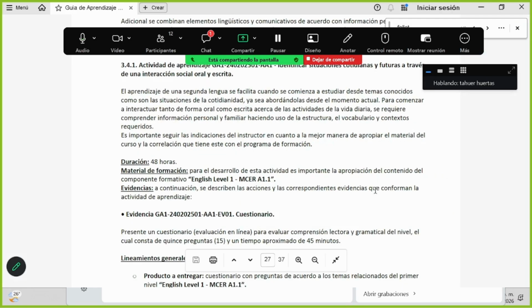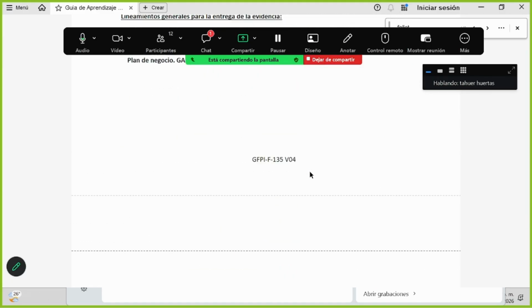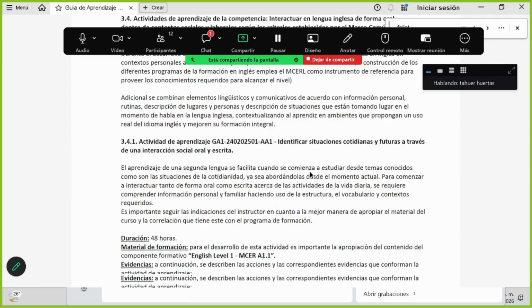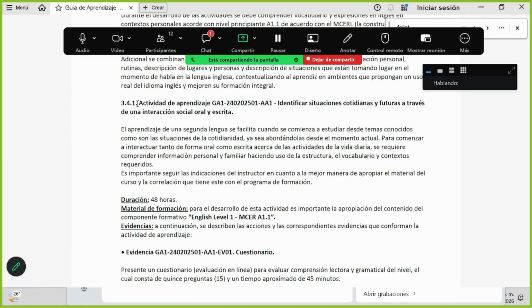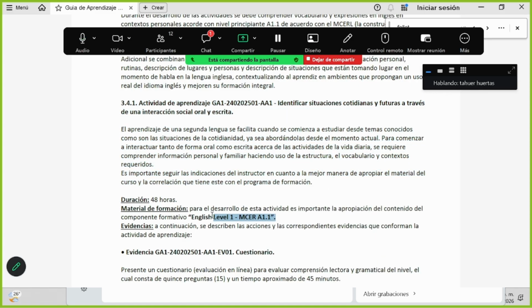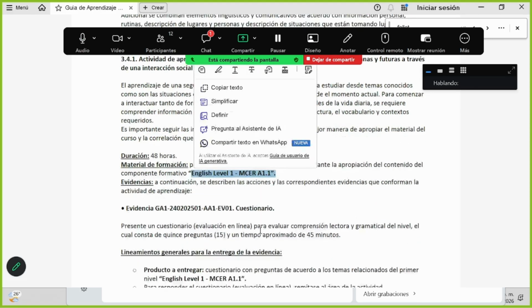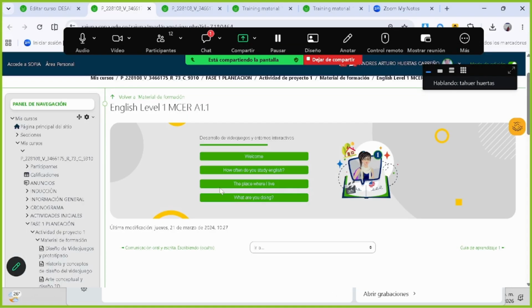In page 27, here we can see the activities for the English competency, and this is an activity that you have to do, that you have to practice. This is the name of the activity, English level 1, MCER A1.1.